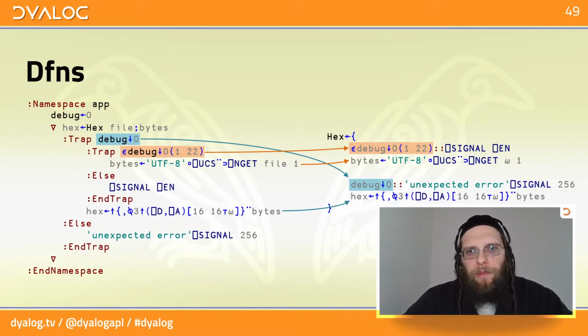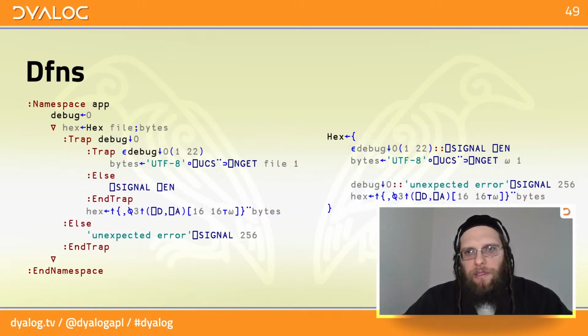The only problem is that if we drop one element using debug, then we still have 1 and 22 in our case applying.